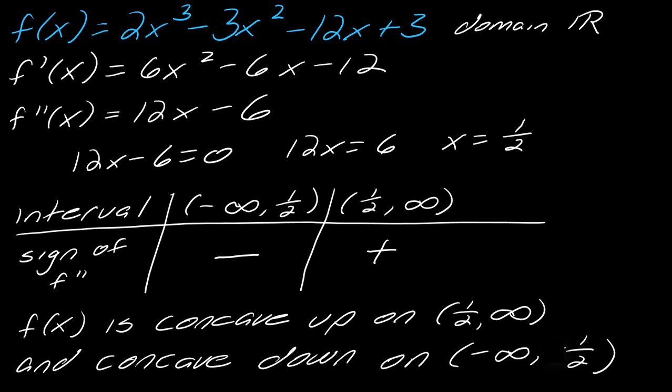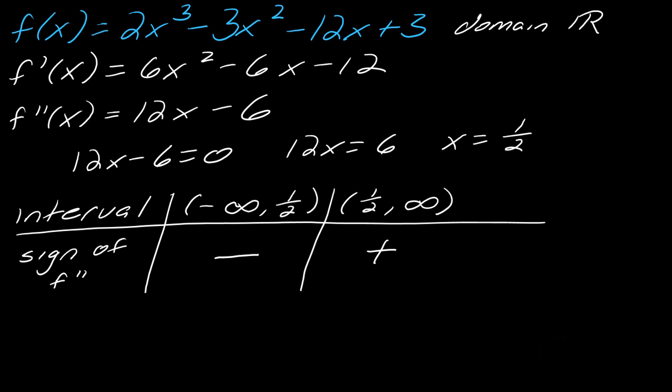Okay, so there's my concave up and concave down. Should feel very familiar to working with increasing and decreasing intervals. Next, let's talk about points of inflection. Let me clear some space again. Similar to how we view critical points and then investigate the increasing and decreasing intervals around them, now we do a similar thing with concavity.